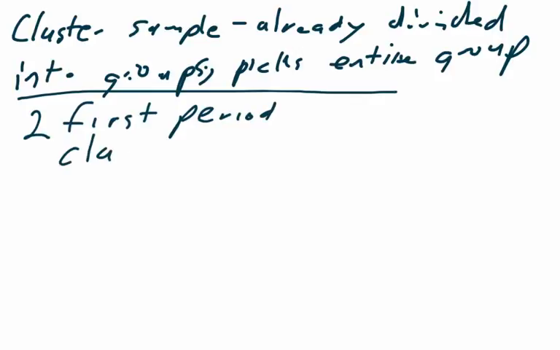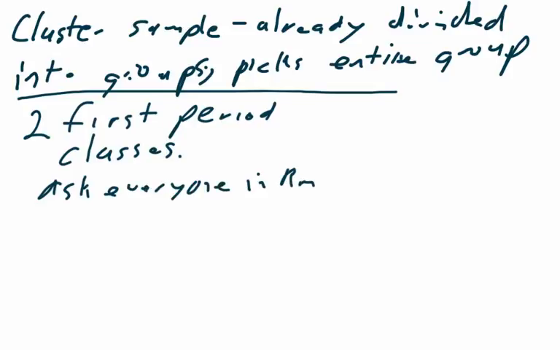So we're going to put all the first period classes in the hat, pick out 2 rooms, and ask everyone in room 210. And that's a cluster sample, when you've already picked them.